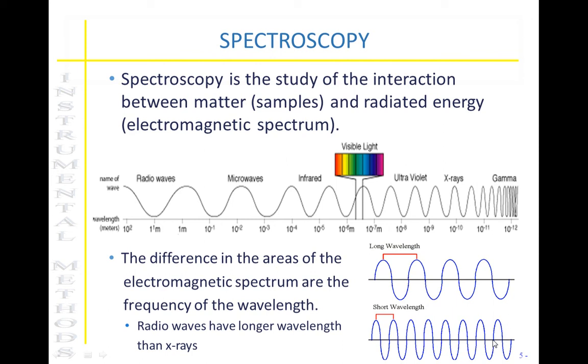The difference in the areas of the electromagnetic spectrum, which is shown in the middle of this slide, is the frequency of the wavelength. As you can see, the radio waves, which are on the very left-hand side of the electromagnetic spectrum, are a lot longer than the wavelengths that are shown on the right-hand side of the electromagnetic spectrum.